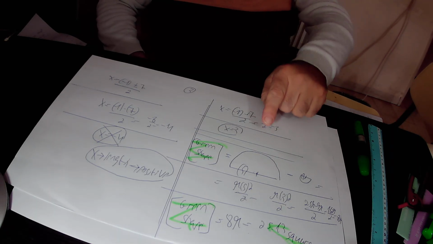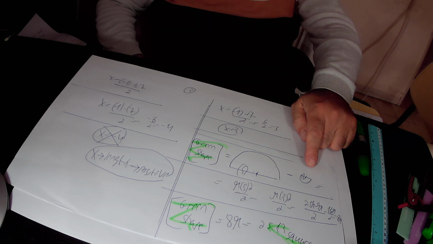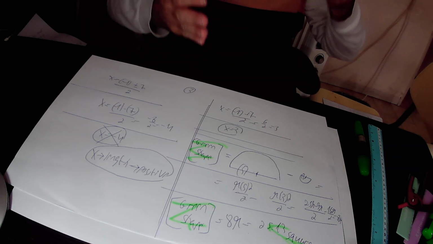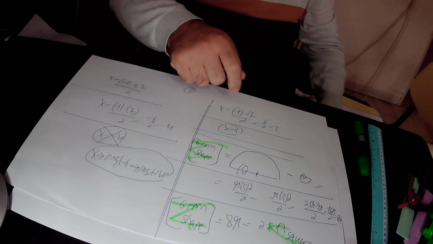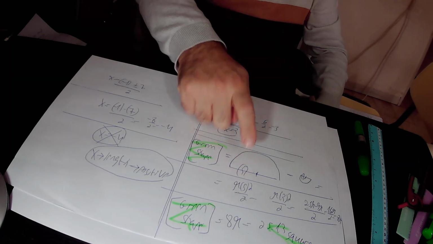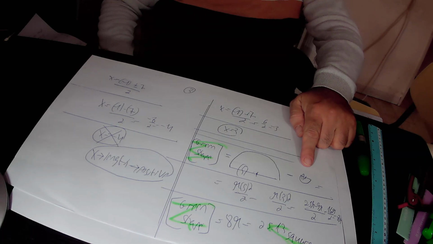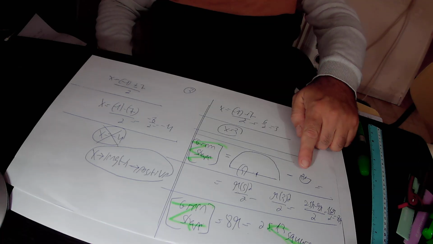We already found that the radius of the big semicircle equals 5, and the radius of the small semicircle equals 3. Therefore, the area of the big semicircle must be equal to pi r squared over 2. R is 5, so it is pi times 5 squared over 2, minus the area of the small semicircle, that is pi times 3 squared over 2.